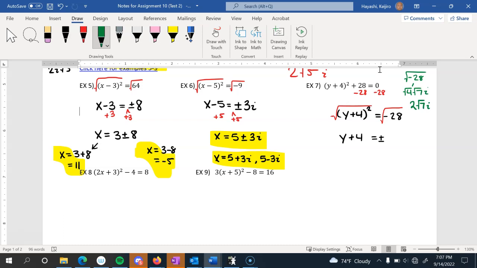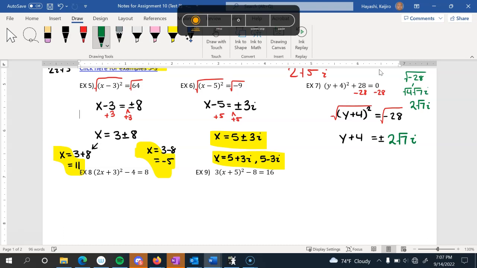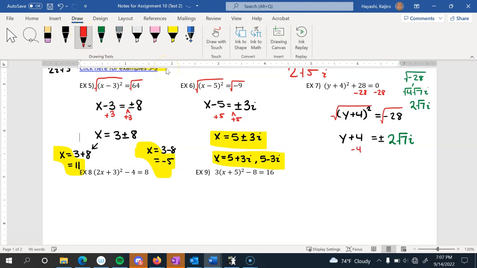So 2i times the square root of 7, or 2 times the square root of 7 times i. And then just subtract 4 from both sides, inserting that negative 4.